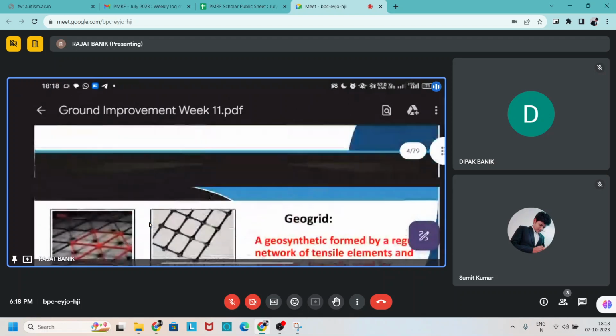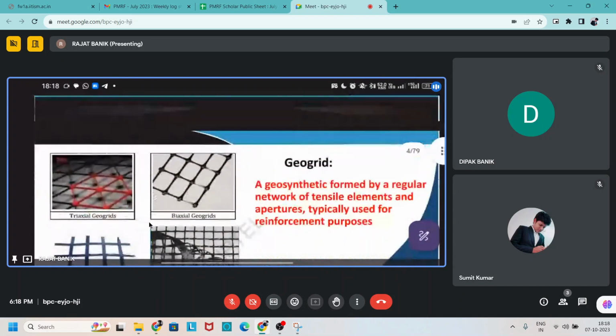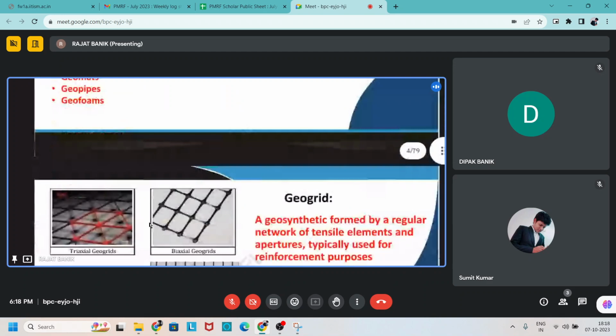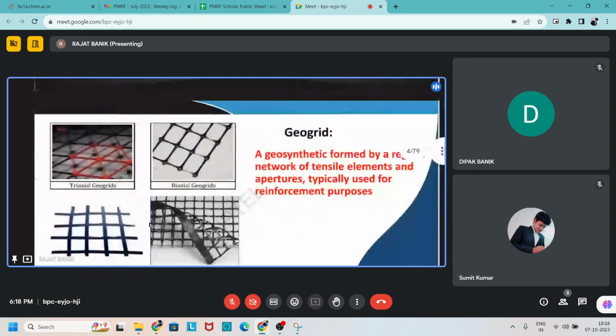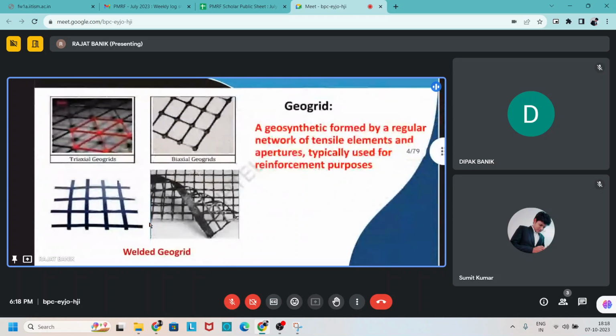We are discussing the different types of geosynthetic. So the first one is geogrid. I think my voice and video is clear. So the first one is geogrid. A geogrid is a geosynthetic formed by a regular network of apertures, typically used for reinforcement purposes.